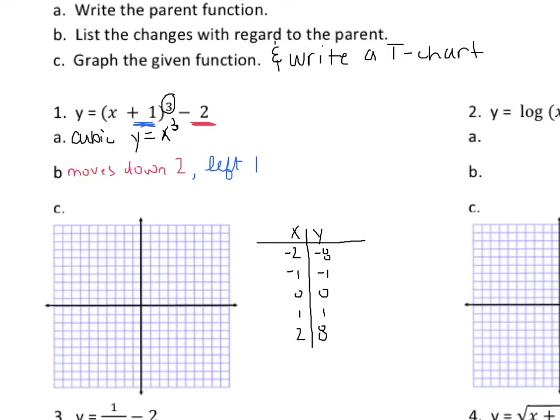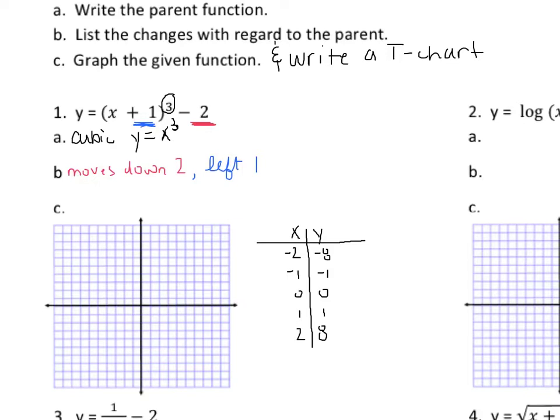Okay, so you have your t-chart there. These are the key points for the parent function cubic. So now we're going to adjust these points based on what this new function is going to do. When it moves down 2, that affects your y value.